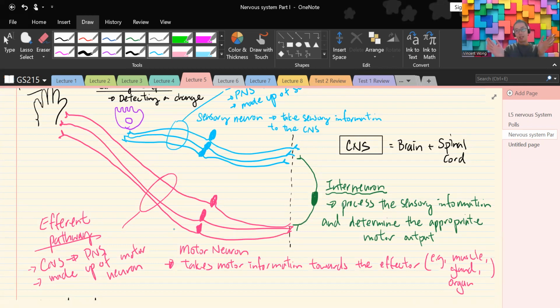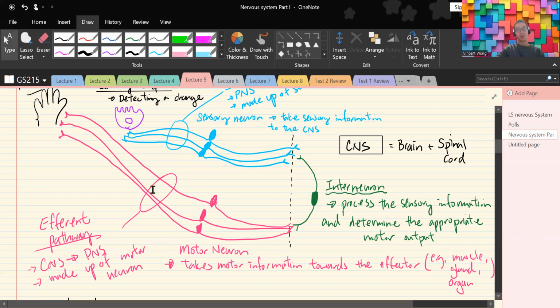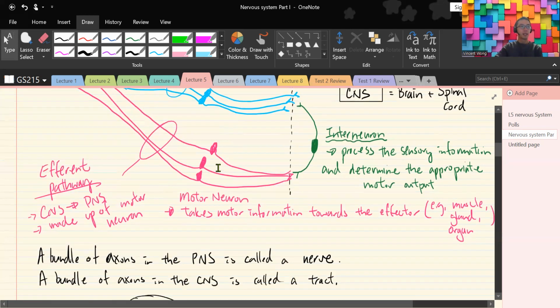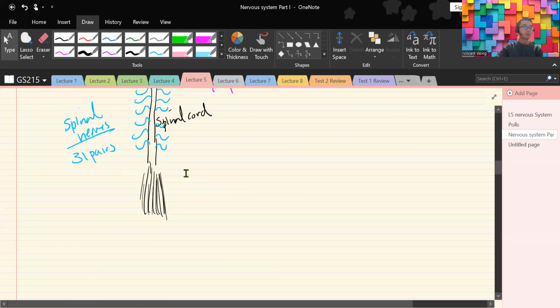Like the telephone cable that you plug in: if you cut that open, inside there are two lines, one for sending transmission out and one for receiving. That's exactly how it looks in the body as well. Both of these are grouped together in a single bundle to form the nerve. More on that next week. It will definitely make more sense by then.